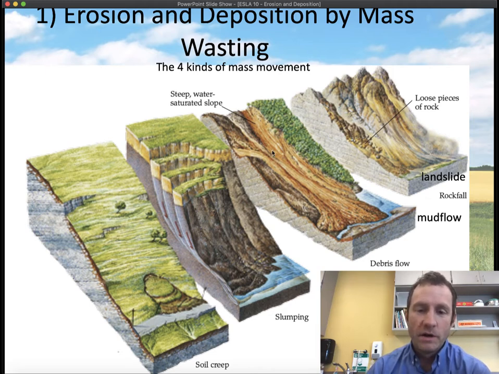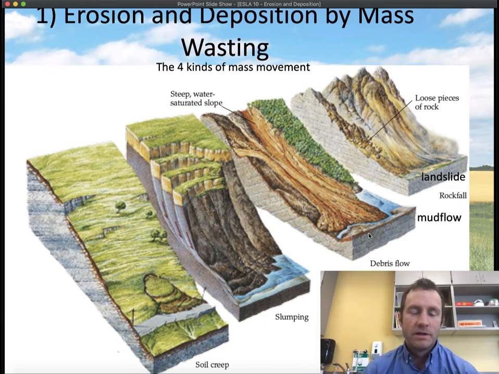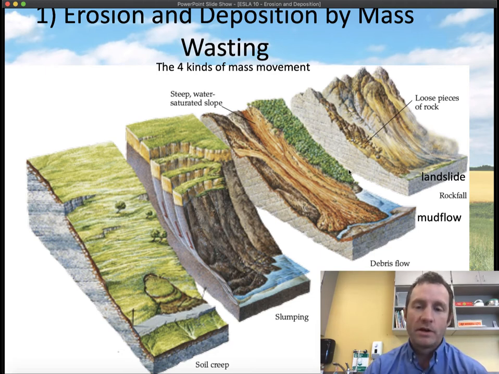Another one is a mud flow or debris flow, which, rather than being a rock fall, is more of a liquefaction of silty material that suddenly comes down a hillside. These two happen very quickly, landslides and mud flows.